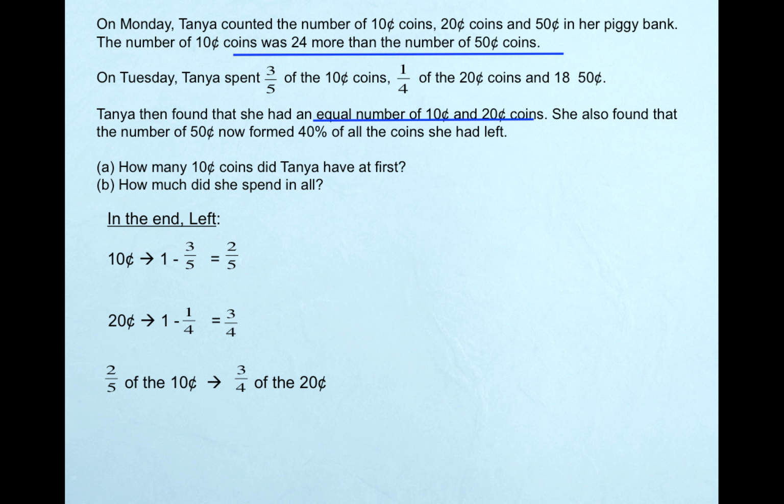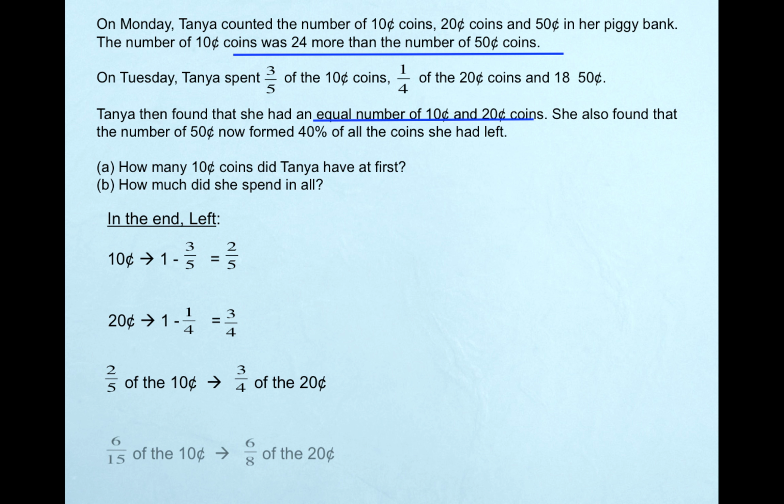Remember, what is left is only a portion of what she had at first. I will devote another tutorial to this particular concept, equal fractions. But right now, students need to know that we are just referring to a portion of what we had, compared to the total.